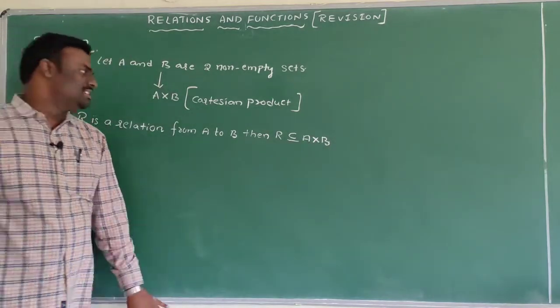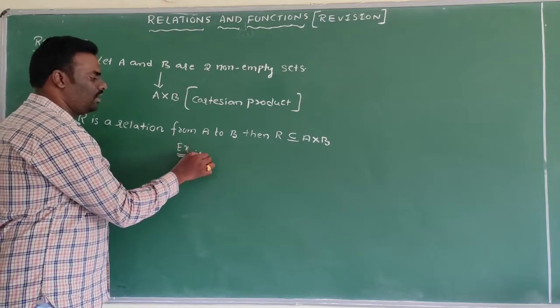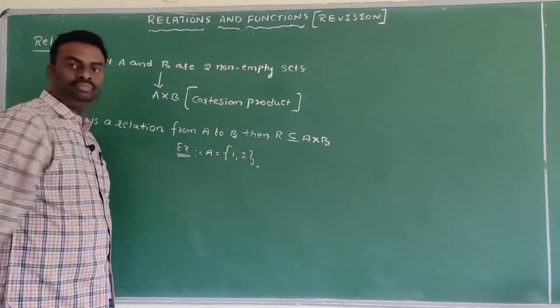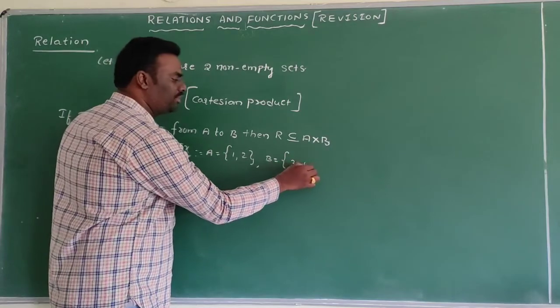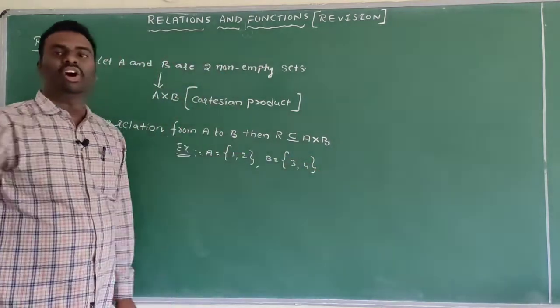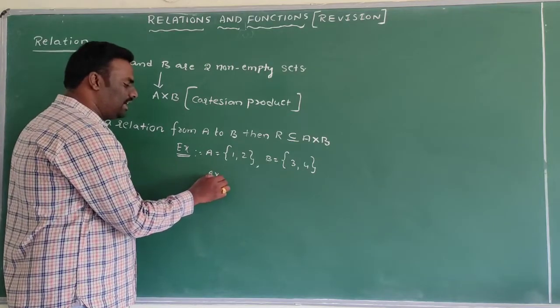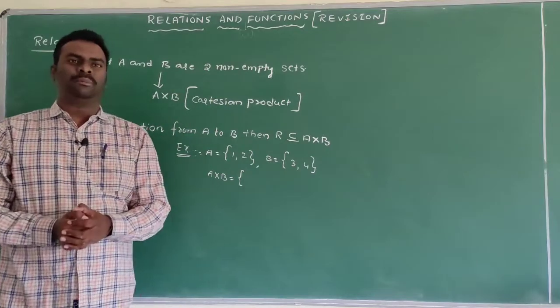I will give a simple example. If you take A equals {1, 2}, B equals {3, 4}, these two are non-empty sets. Now I am finding the Cartesian product of A and B. What is meant by Cartesian product?